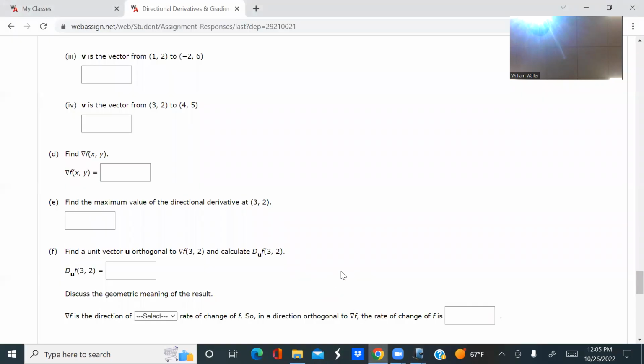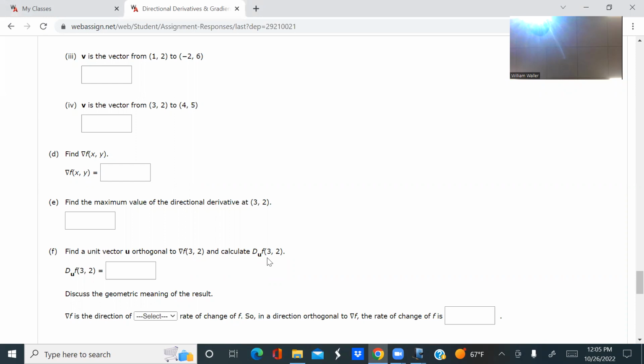So this is E. But this is the part that was a little bit strange. It says find a unit vector that's orthogonal to the gradient. Okay. So let's see if we can find a vector.